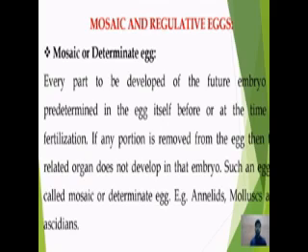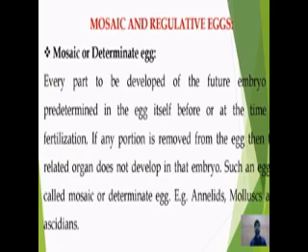Every part of that fertilized egg, that is each cell, is already decided as to which organ will develop from it. Such an egg is called the mosaic or determinate egg.